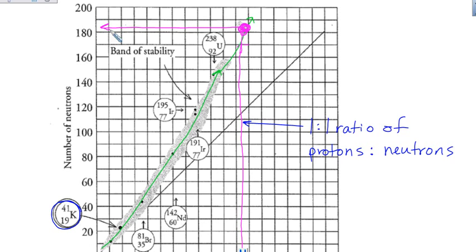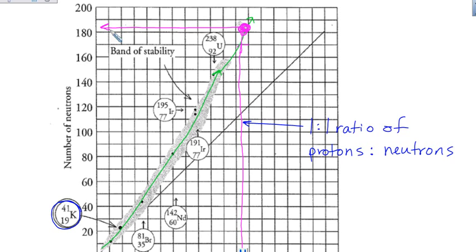A little more than 180 neutrons, which is more than a 1-to-1 ratio. So scientists can use this trend, a graph of these elements and their stable numbers of protons and neutrons, to predict how many neutrons might be required to make a new nucleus stable.